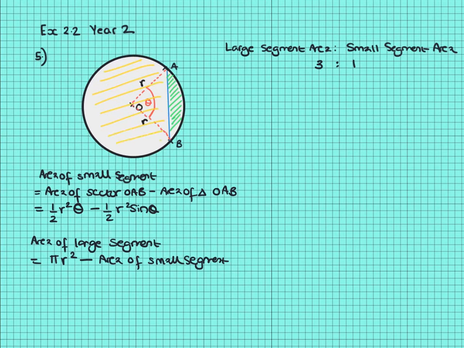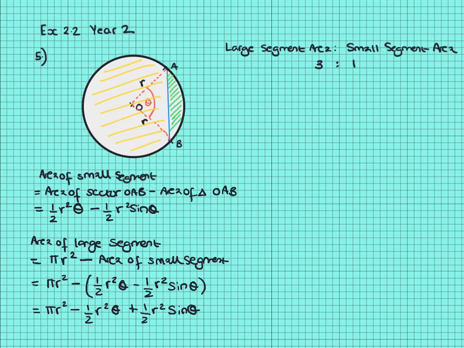It's the easiest way to work it out. Whole circle, take away the green segment area. So that's pi r squared, take away a half r squared theta minus a half r squared sine theta. And this comes to pi r squared minus a half r squared theta plus a half r squared sine theta.